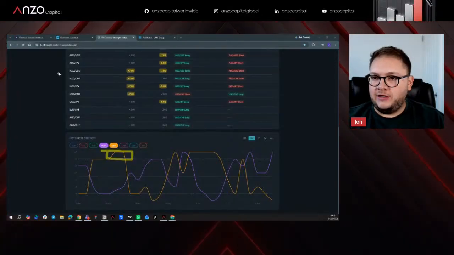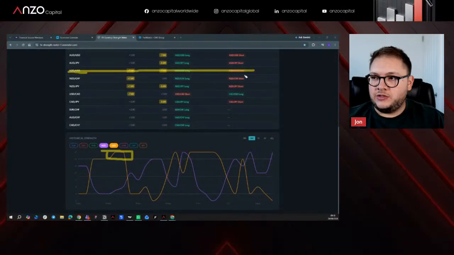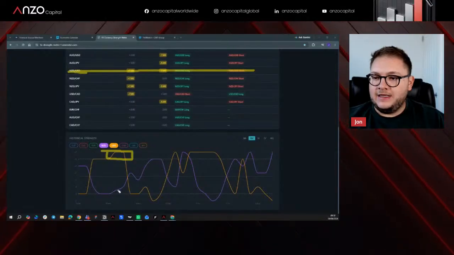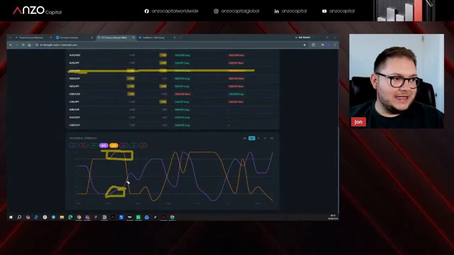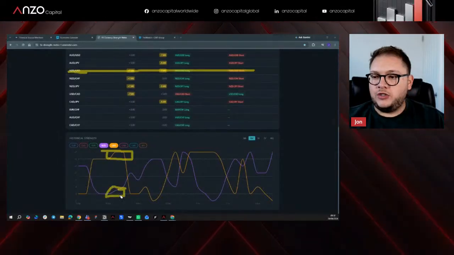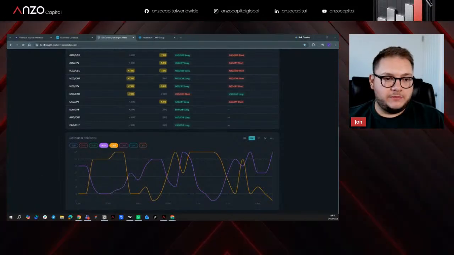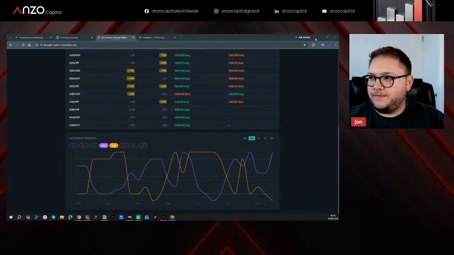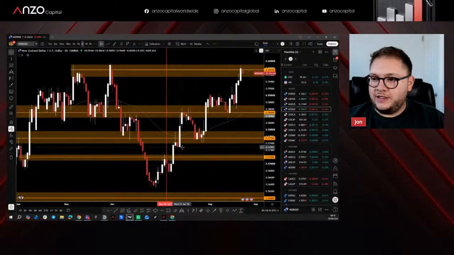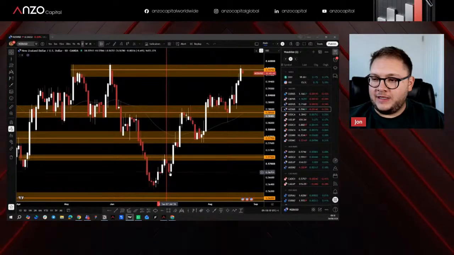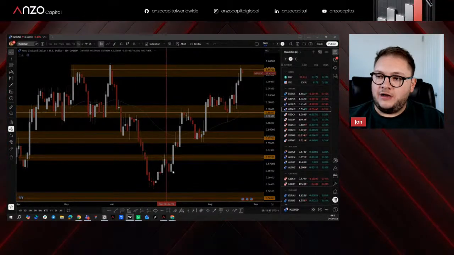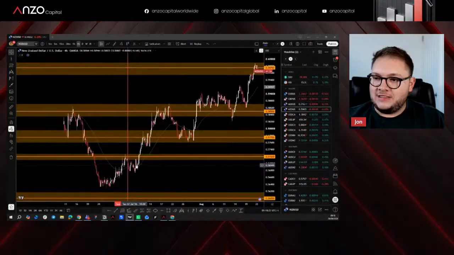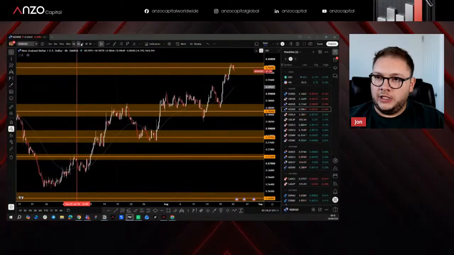That's why it's highlighted in the strength signal table here, is that yes, the trend is down, but there could be a slight chance of reversal. And look what happened to price. Price fully reversed. We had a market that went from being lower lows, lower highs to higher highs, higher lows. And ever since, the market has been bullish.